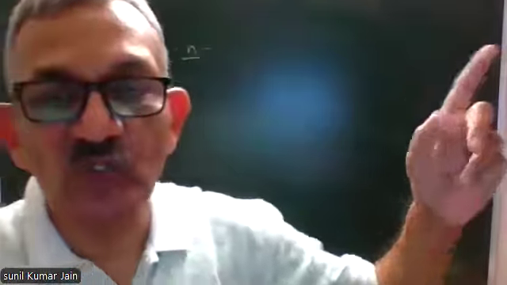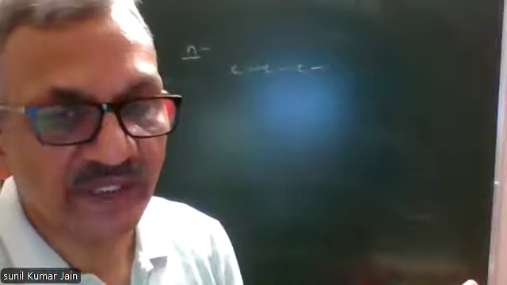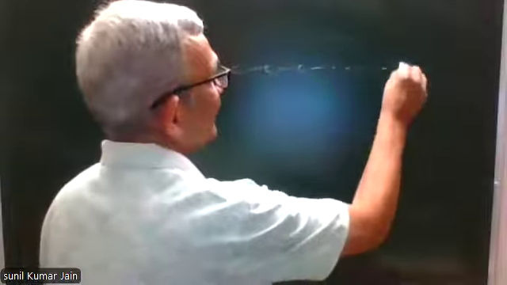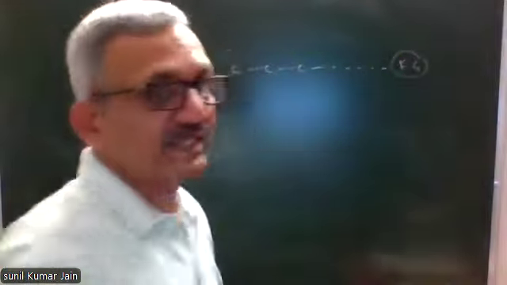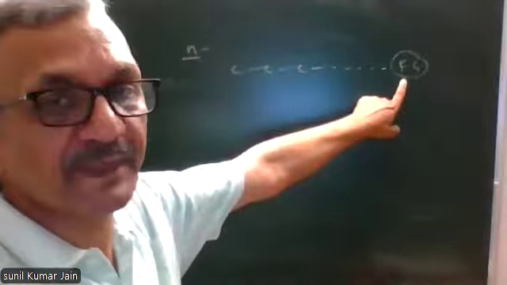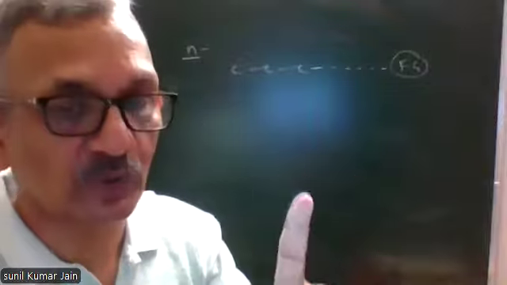This prefix is used when there are minimum 3 carbon atoms. They can be more than 3. All of them are attached in a straight chain. And if there is a functional group at all, that functional group should be present on one of the 2 terminal carbon atoms, not both.